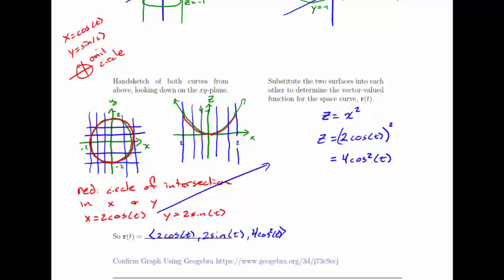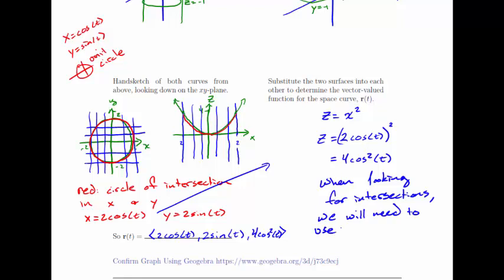But no matter what, if we are looking for intersections of things, we will need to employ substitution in some manner or another. Now, depending on what kind of objects we are trying to intersect, that's going to change how we're doing our substitution.